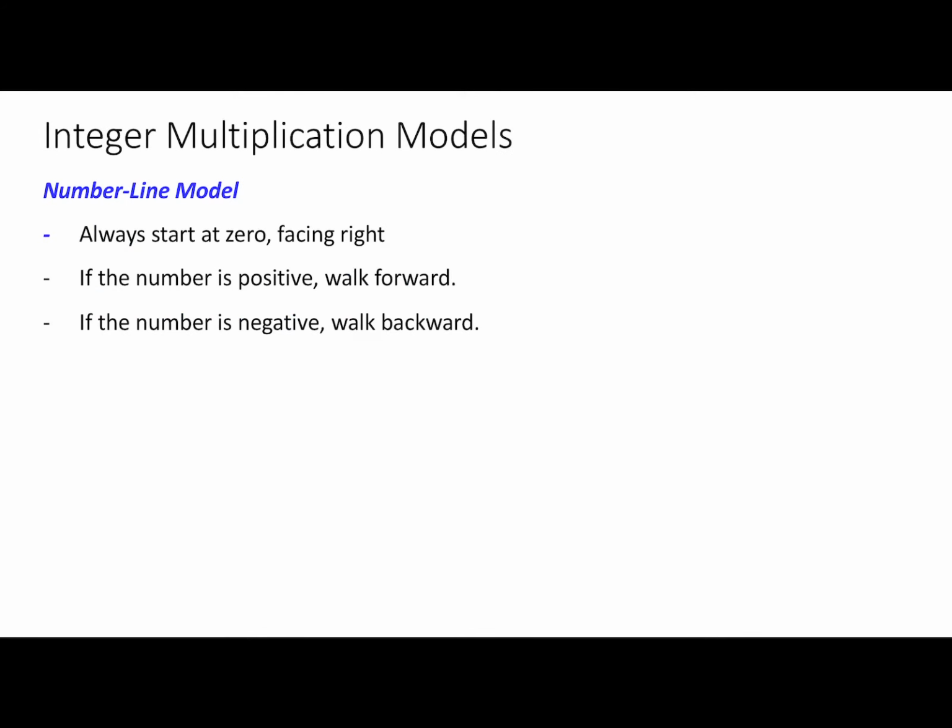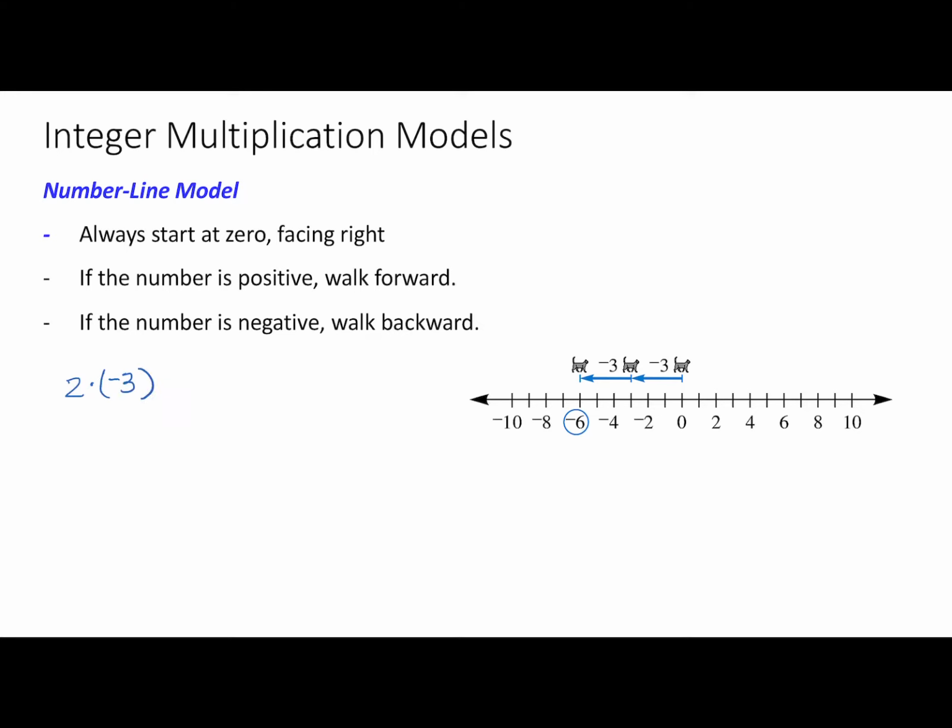We can also model multiplication using the number line. Again, just like with addition and subtraction, we're always going to start at 0 facing to the right. If a number is positive, we walk forward. If a number is negative, we walk backwards. So let's look at what's happening here. Here I want to model the product 2 times negative 3.